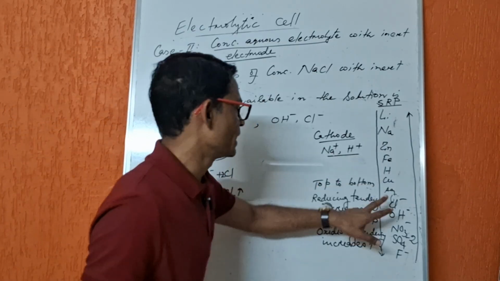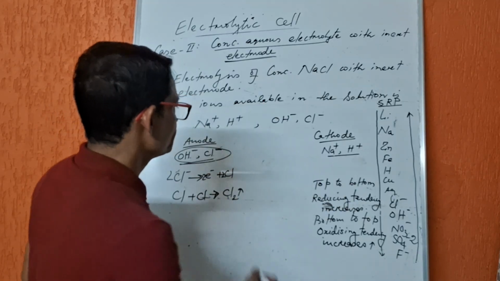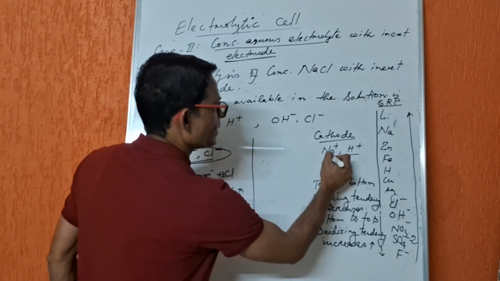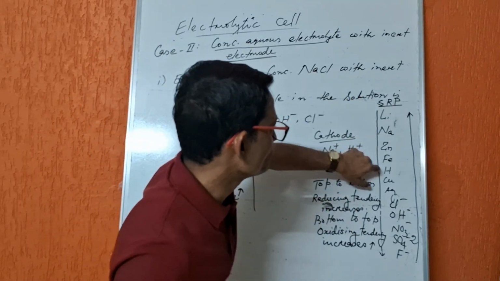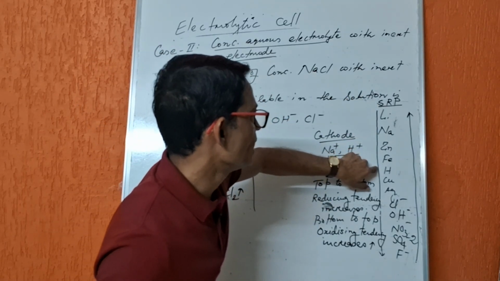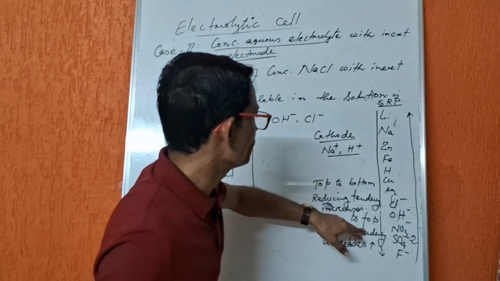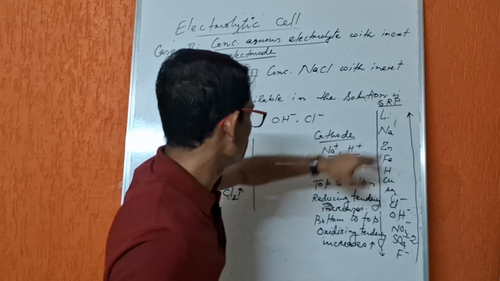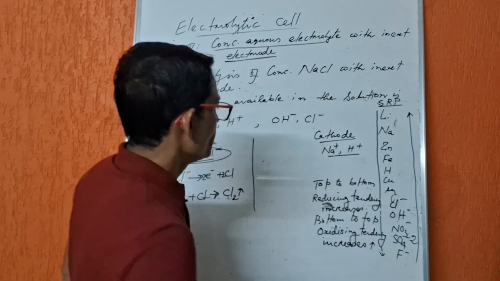At the cathode there is Na plus or H plus. Top to bottom there is increasing reducing tendency.